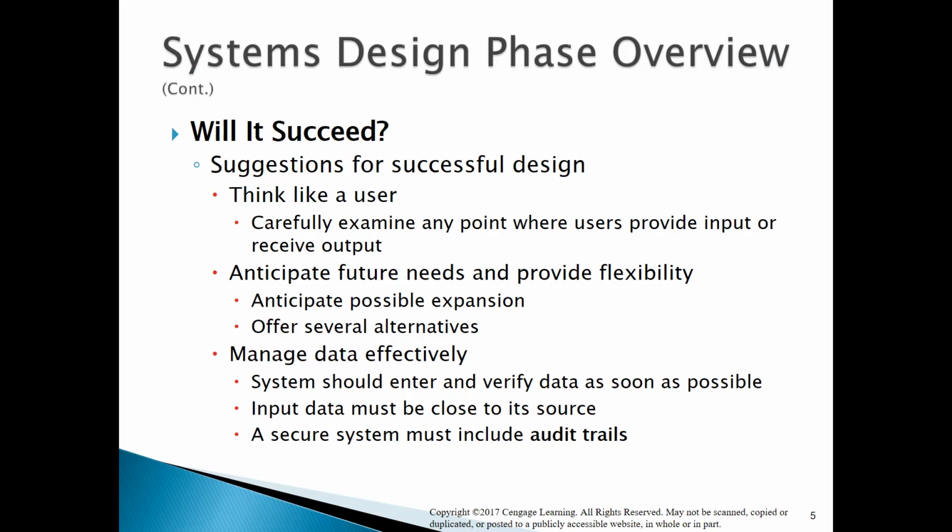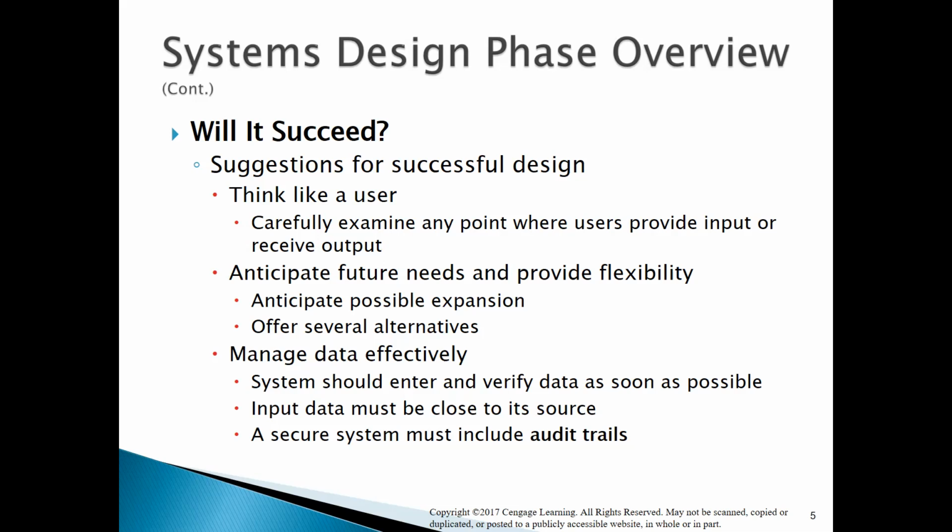That's where the word scalability comes in, okay? And manage data effectively. So managing data, taking data, processing it, producing output, but all should be done as securely as possible.